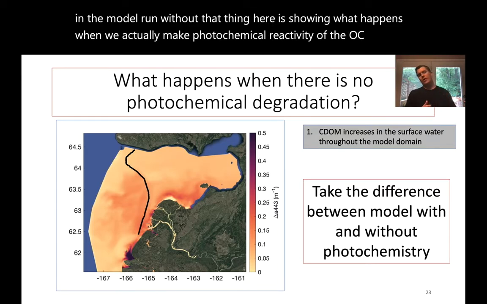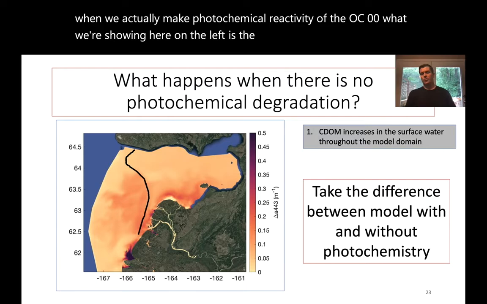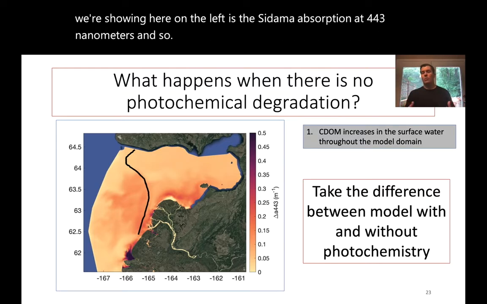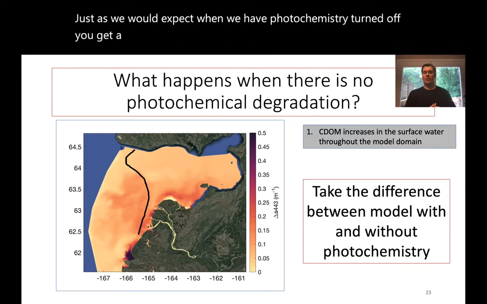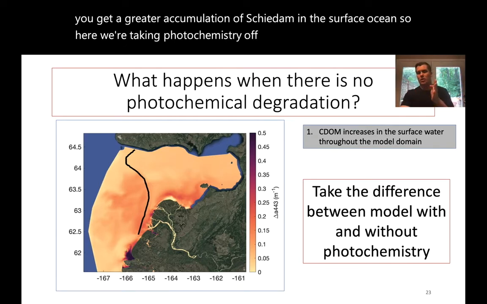What we're showing here on the left is the CDOM absorption at 443 nanometers. And just as we would expect, when we have photochemistry turned off, you get a greater accumulation of CDOM in the surface ocean. So here we're taking photochemistry off minus photochemistry on, or the baseline scenario.